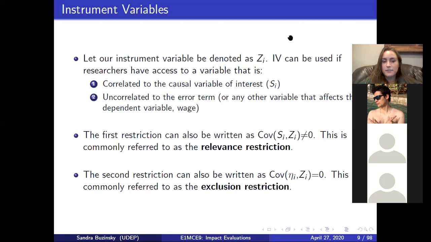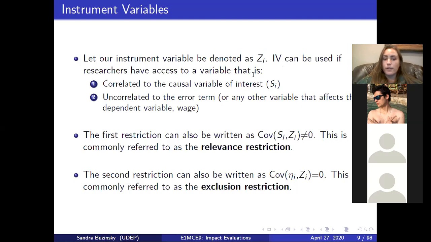Okay, so now some assumptions and estimates. Let us define our instrument variable as Zi. The instrument variable can be used if researchers have access to a variable that is correlated to the causal variable of interest, Si, and uncorrelated to the error term, or any other variable that affects the dependent variable, wage.